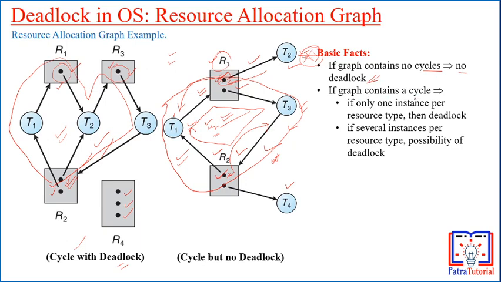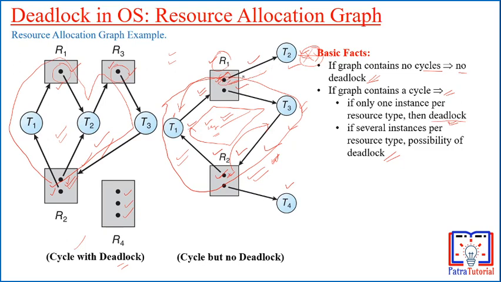And if the graph contains a cycle, then two different scenarios are there. If there is only one instance per resource type, then deadlock. If all the resources have only one instance, then we can say there is deadlock. But if there are several instances per resource type, the possibility of deadlock is there, but we cannot say. This is this case. There are several instances for each resource type R1 and R2, and since T2 may release this one, we cannot say whether it will release or not.